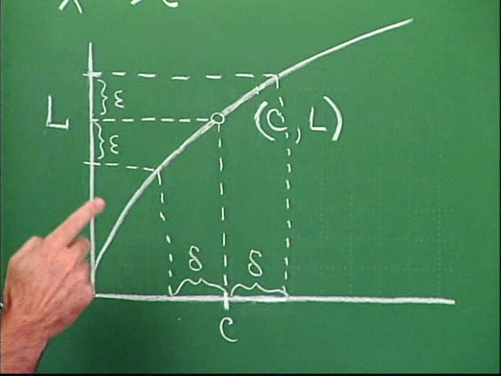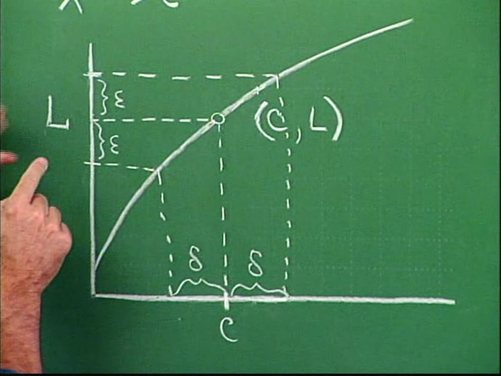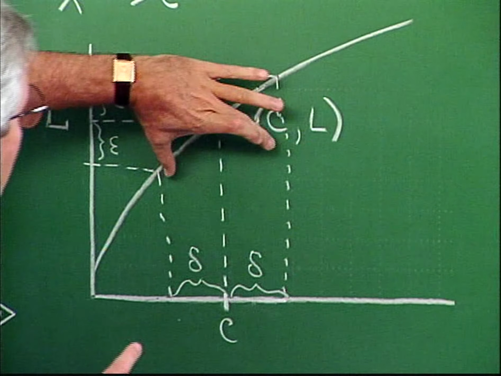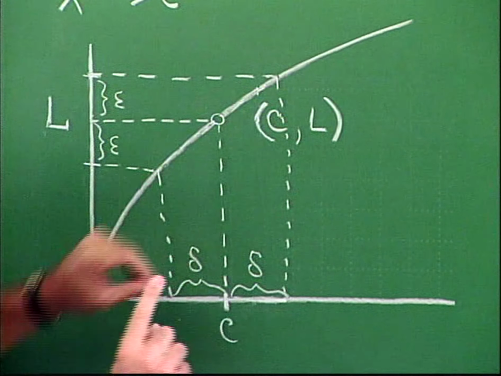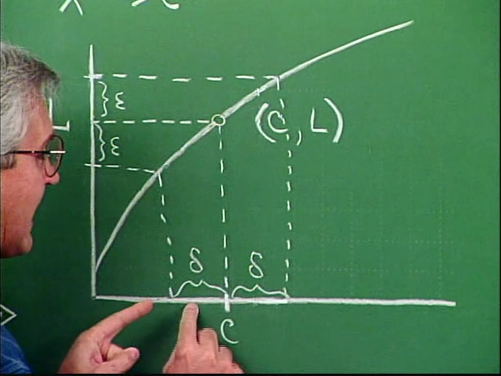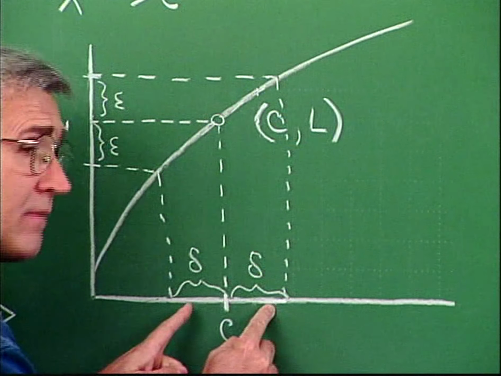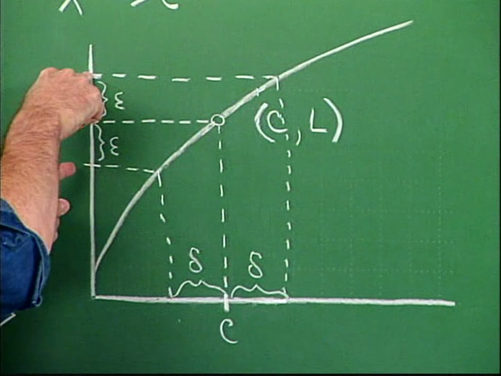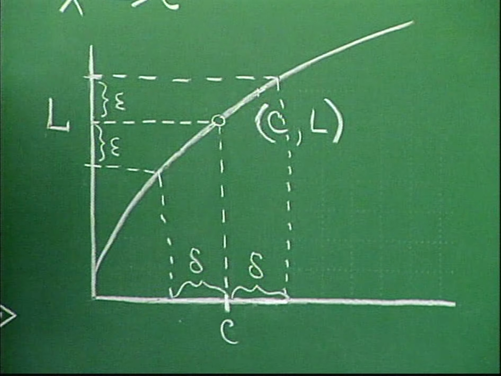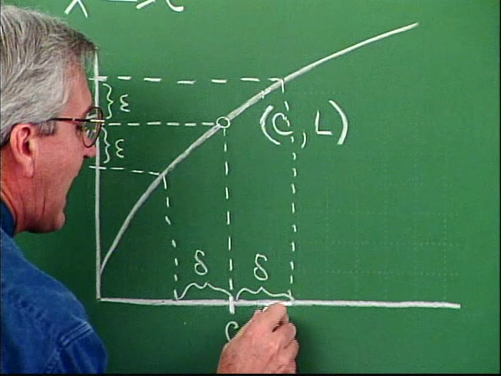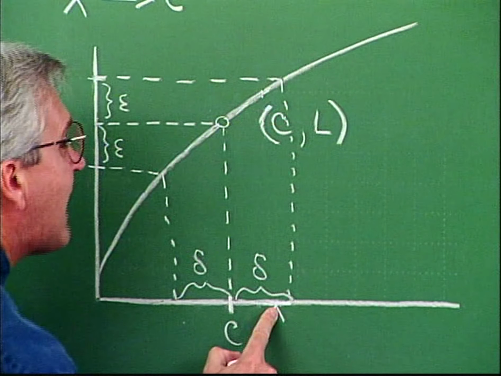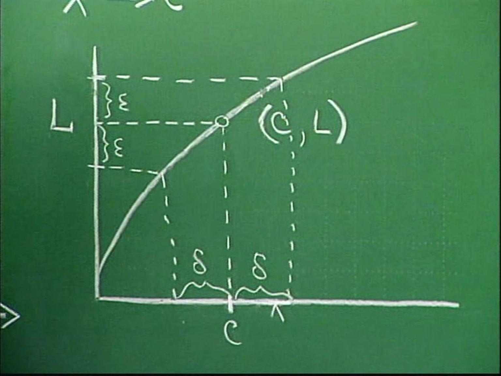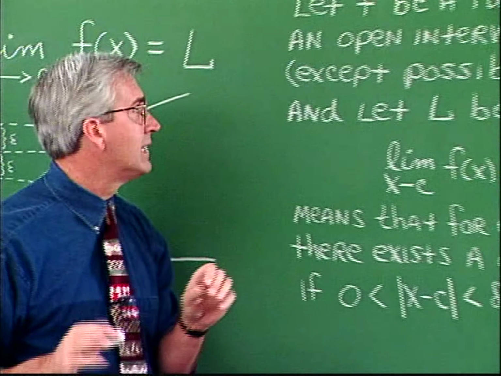Now, what we're saying then is that if you give me an epsilon distance, then I can give you a delta distance such that if x falls within this delta distance from c, if x falls in this region, then f of x will fall in this region, this epsilon region around L. If I take this x, then f of that x will fall within that epsilon region. That's the whole idea. Let's look at the formal definition and see how it flows from this idea.